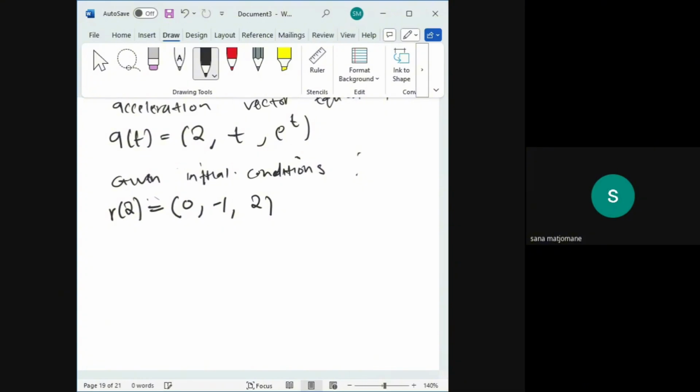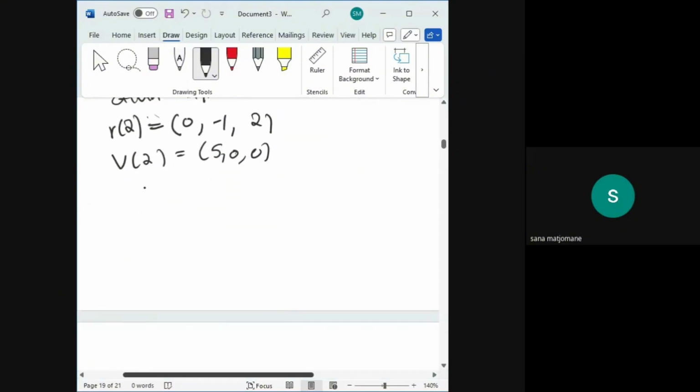And they're telling you v at the same point, where t is equal to 2, is 5, 0, 0. They want you to find r at 0 and v at 1.